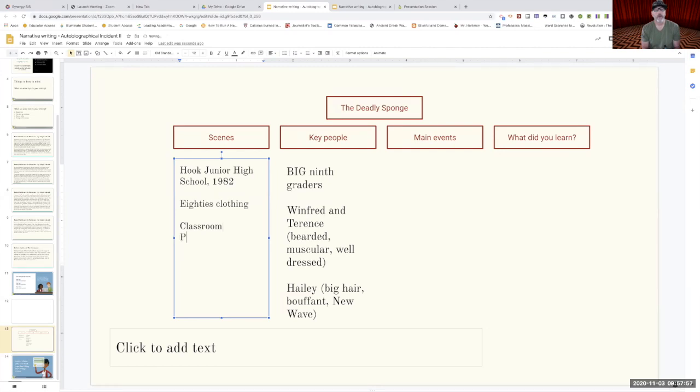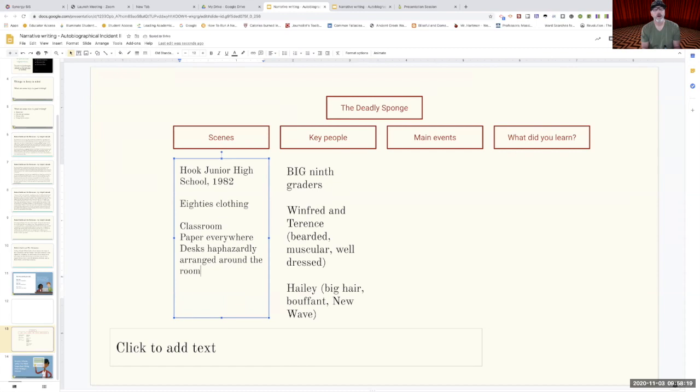So we had paper everywhere. She was a good teacher, but she was not very organized. Desks haphazardly arranged around the room.